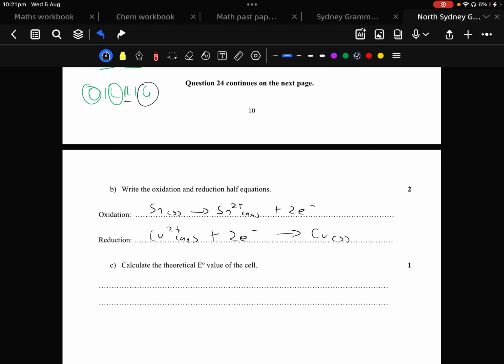However, all of these equations in the standard potentials are all reduction equations. Thus, in order to convert these reduction equations to oxidation values, we must multiply the minus 0.14 volts in the tin potential by negative 1. And the opposite of minus 0.14 is positive 0.14.